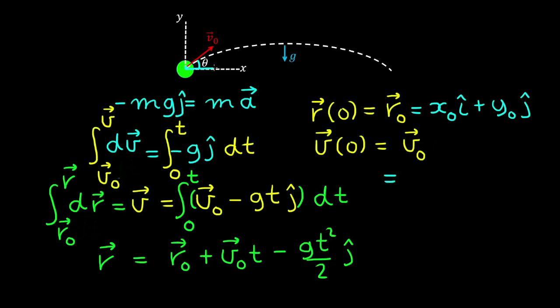So we have the horizontal component being the speed or the magnitude of the initial velocity times cosine of the angle theta in the i direction, plus the speed times sine theta in the j direction, which gives this vertical component.